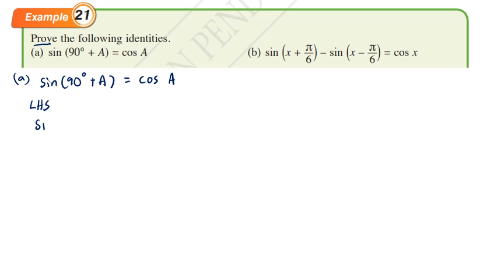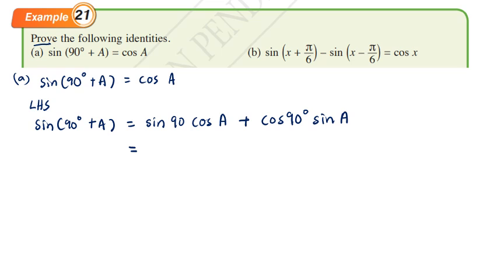Okay, so sin 90 plus A. Okay, refer to your formula, page 215. Sin 90 plus A. So it's actually sin 90 cos A plus cos 90 sin A.